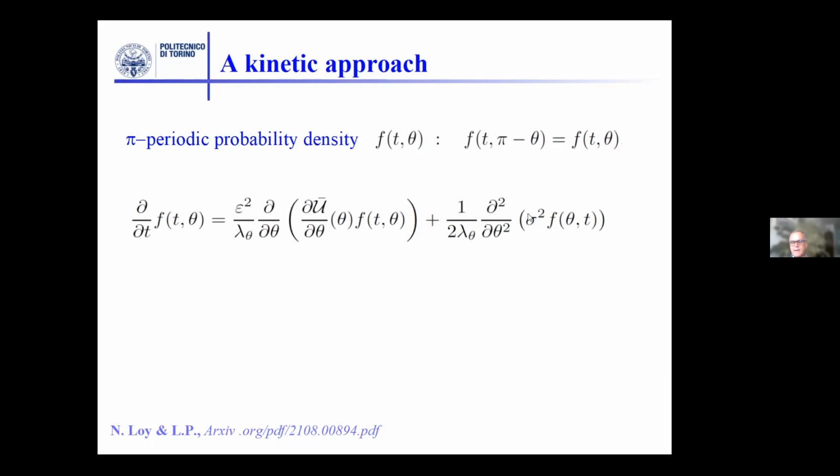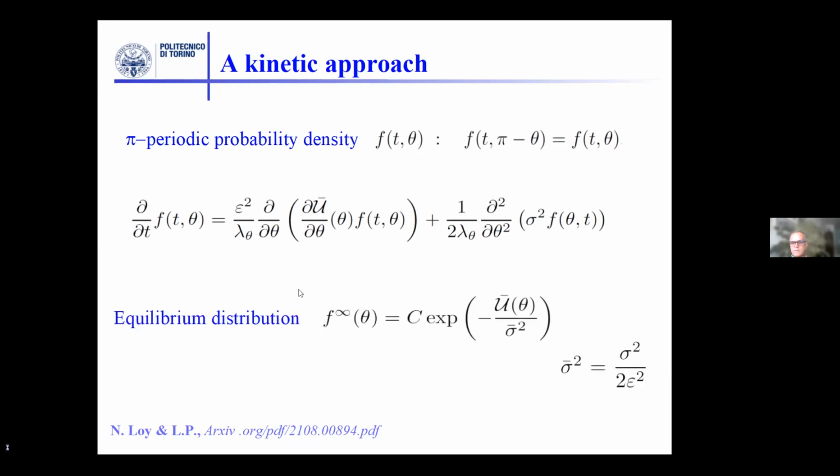Sigma takes care of the randomness, and the drift terms take care of the fact that the cells tend to go toward the minimum of energy. From that, you can trivially compute the distribution function, which is an exponential of the elastic energy, so that the minimum of the energy corresponds to the maximum of this equilibrium distribution.